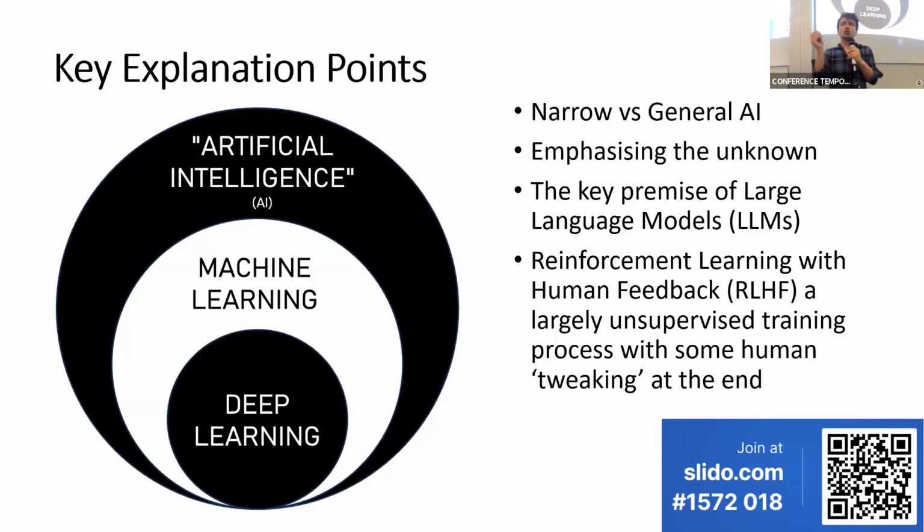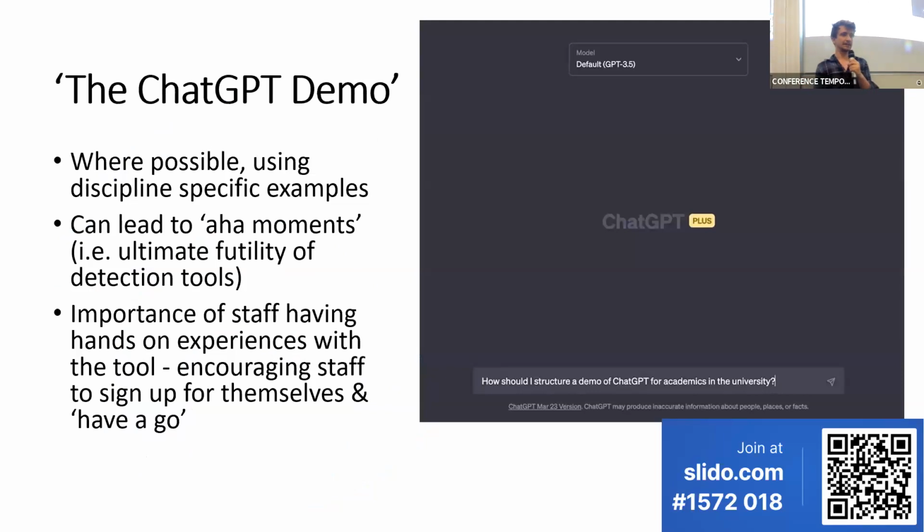And what we might talk about a little bit is reinforcement learning with human feedback. This is a largely unsupervised process, and some human tweaking at the end makes the output intelligible and convincing. Because for a long time, large language models were quite gimmicky, they didn't really work. And it seems to be this human tweaking that makes them really convincing.